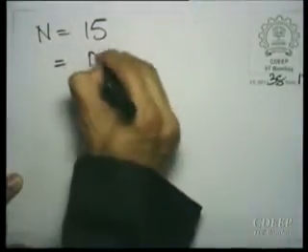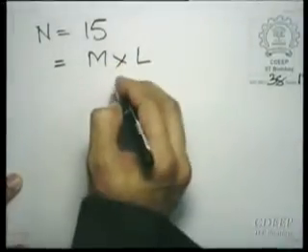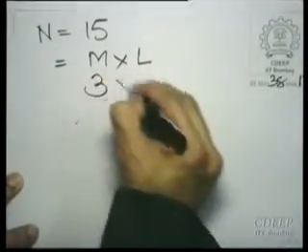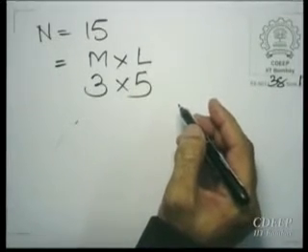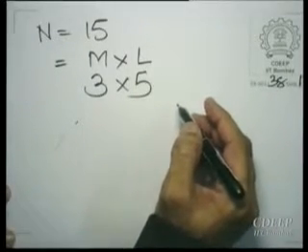And let us decompose this into m multiplied by L, where m is 3 and L is 5. So, what is the situation now?